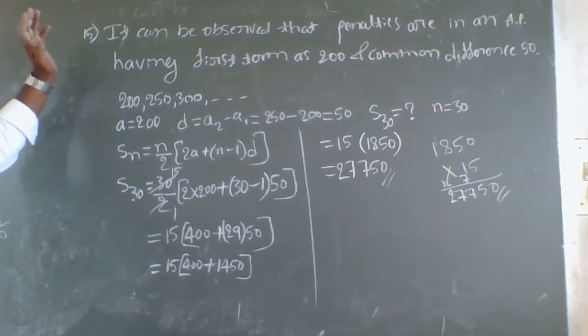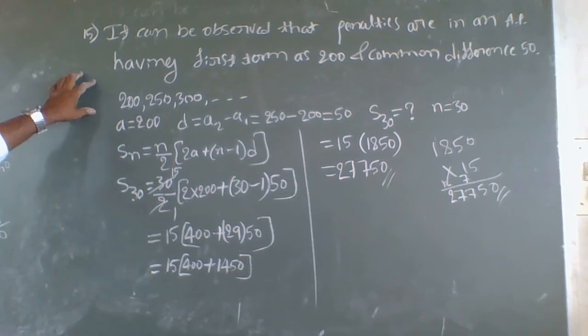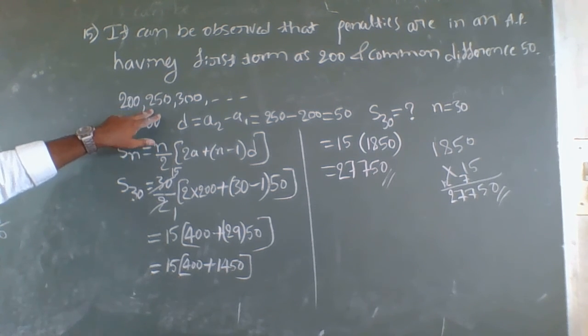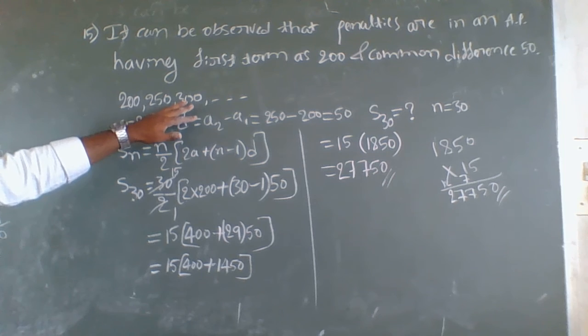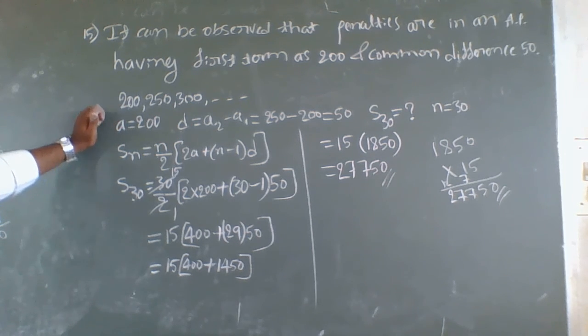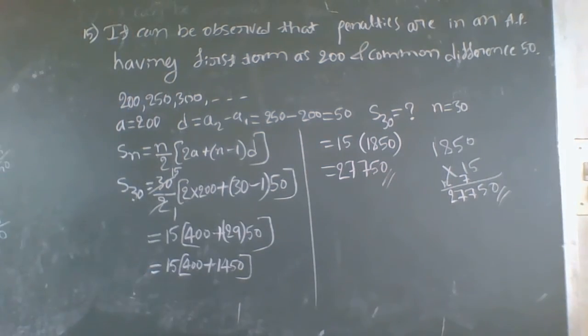So here, what they have given in the problem is that there will be a penalty of 200 if the contractor delayed by 1 day, and if he delayed by 2 days, it will be 250 rupees. Like this, there will be a 50 rupees increment of penalty for each day. If he delayed by 30 days, how much does he have to pay as penalty?